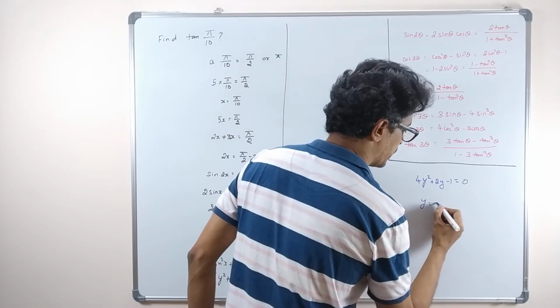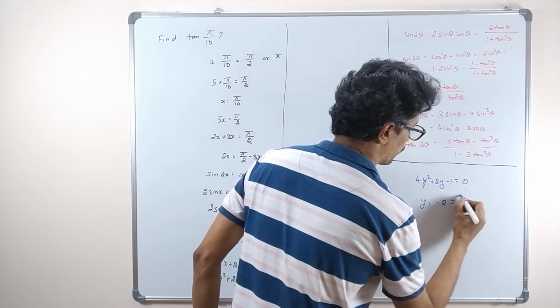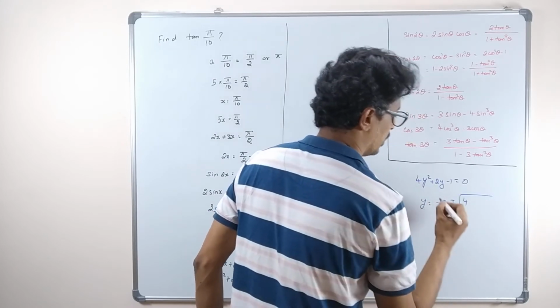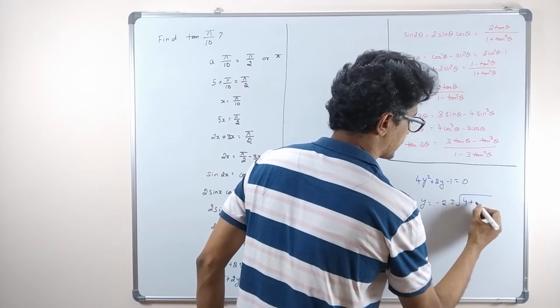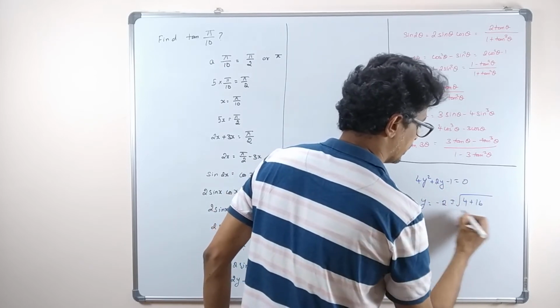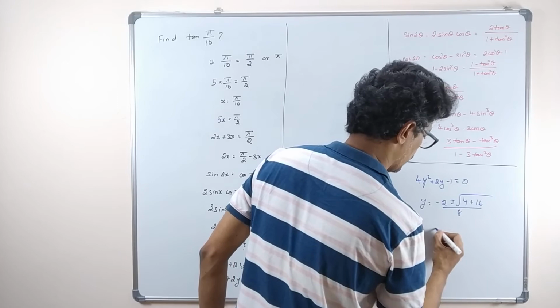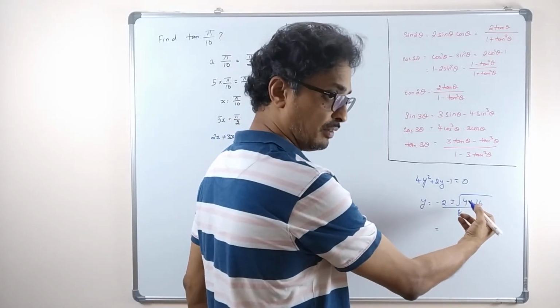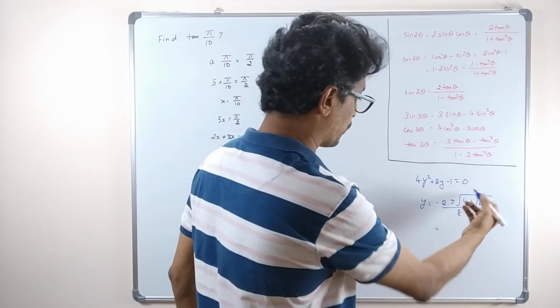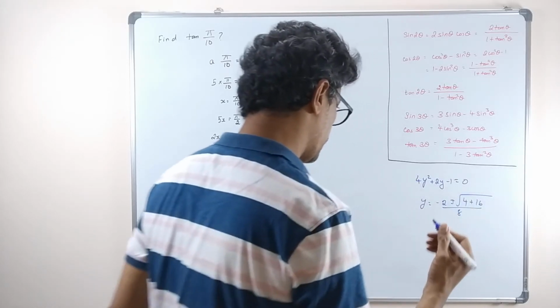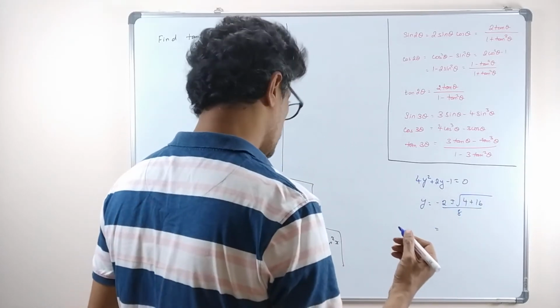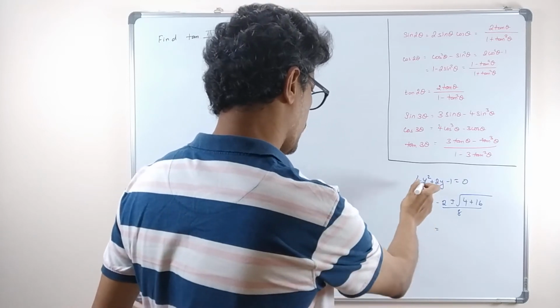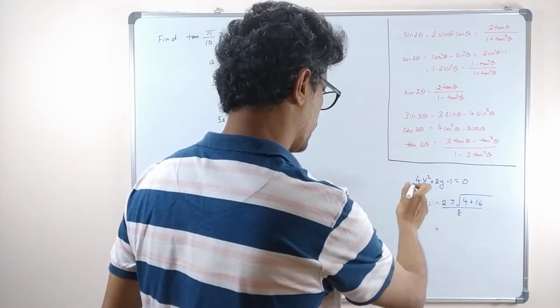y will be minus b, that is minus 2, plus or minus root of b square, that is 4, plus 16. Am I right? Divided by 8. So what will this be? Tell me. 4 plus 16 is 20. Sorry, 20. Correct. b square minus 4ac, yes.